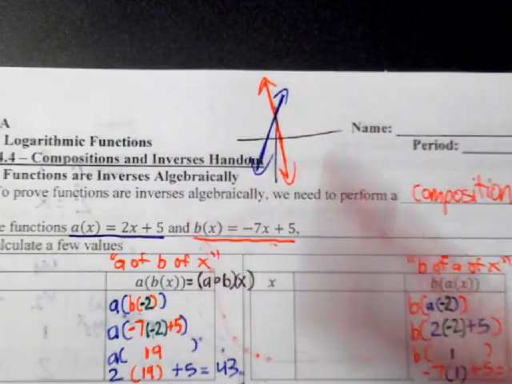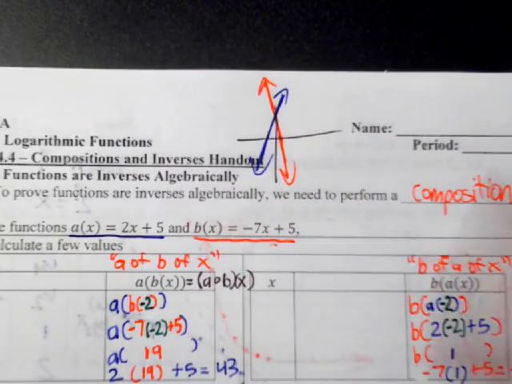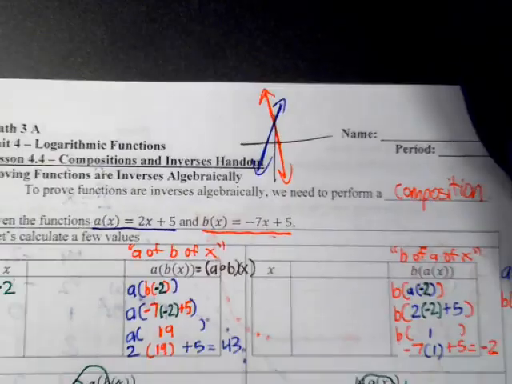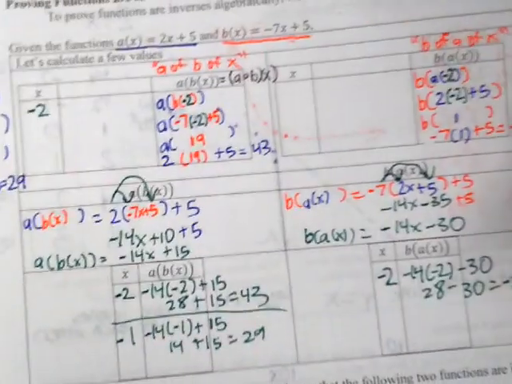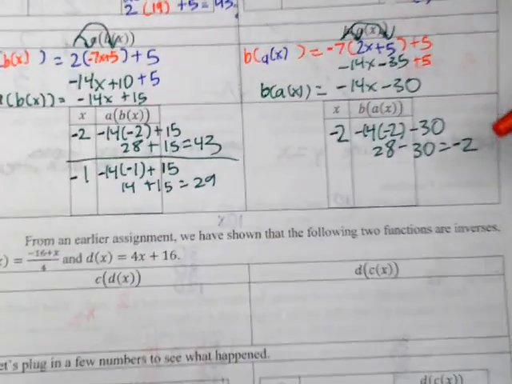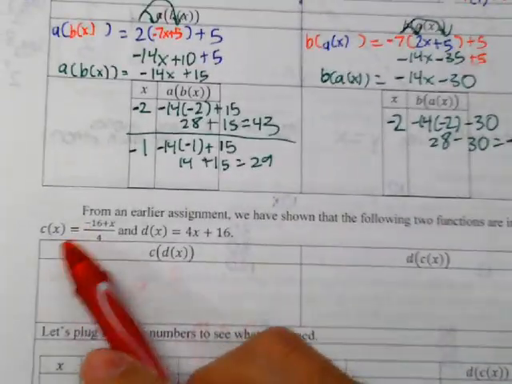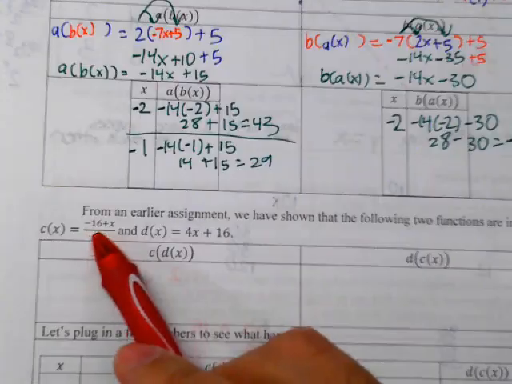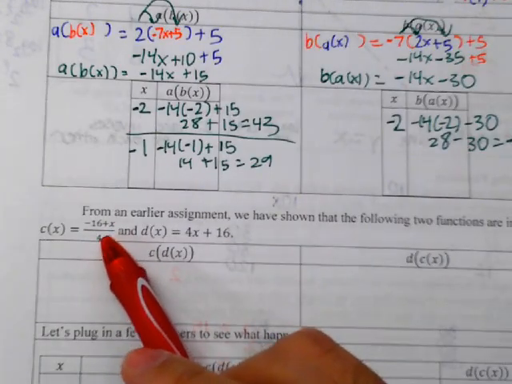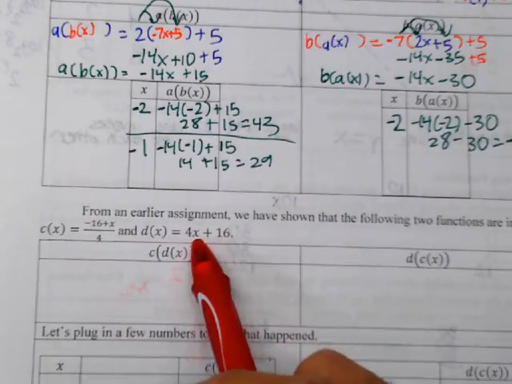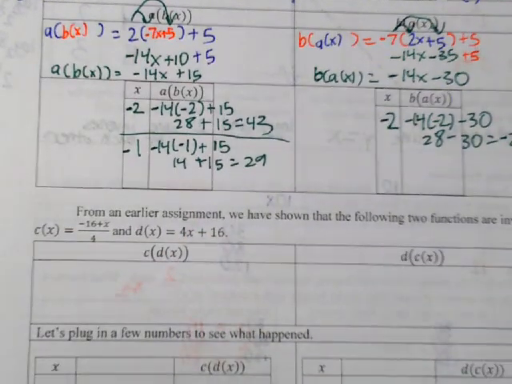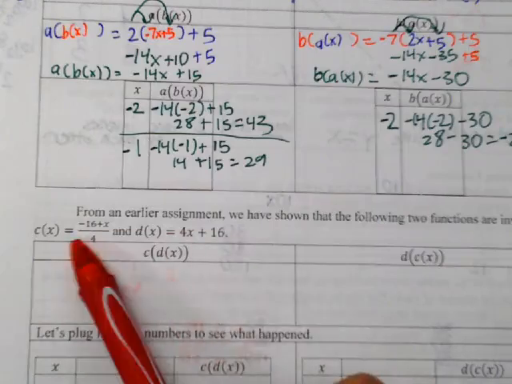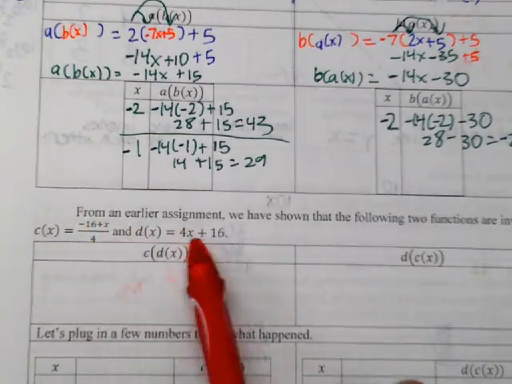Okay, but now let's look at two brand new functions. c of x equals, in the numerator, negative 16 plus x, all over 4, and d of x equals 4x plus 16. Okay, so in a previous worksheet, we found that these are inverses. If you graph them, they are reflections over y equals x. So I would like you to again practice what you did up here.